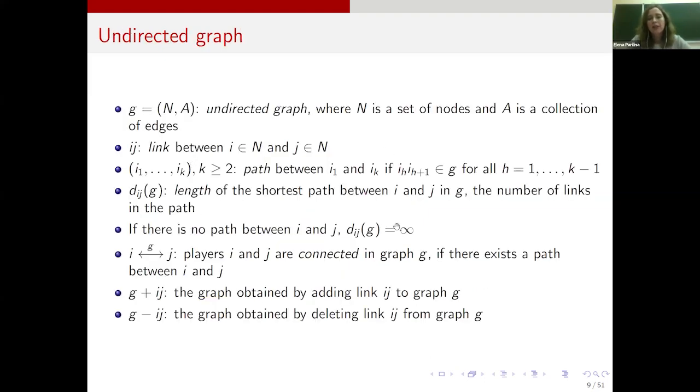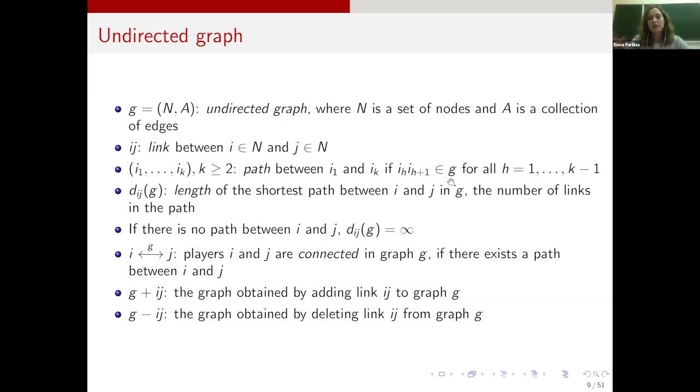About undirected graphs, I think you all know this, but I will briefly mention the notation. G is an undirected graph, given by the set of nodes and the set of edges A. Ij we will write as a link between player I and player J. If we want to define the path between two players, we write the nodes which are connected.